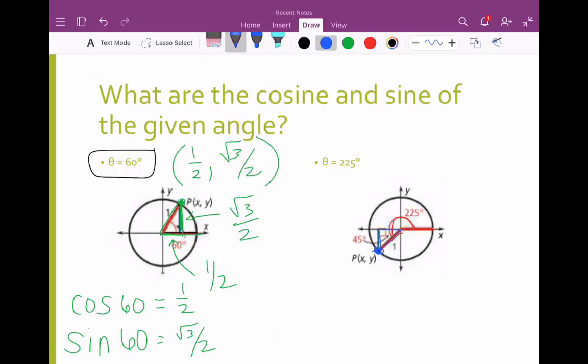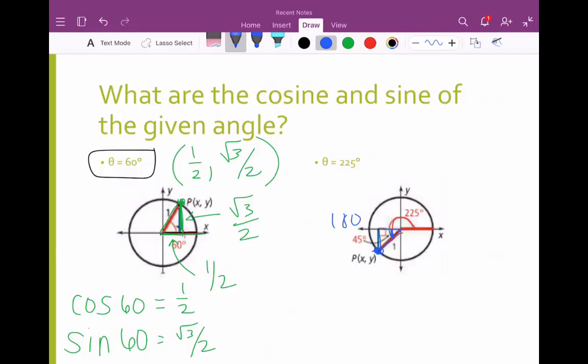So I'm making a right triangle. And then I need to figure out what this angle right here is. So the way I'm going to do that, I know that the total angle is 225 degrees. But to get to here, that's 180. So to get to 225, I would need to go another 45 degrees. So I know I'm dealing with a 45, 45, 90 triangle because that little angle there is 45 degrees.